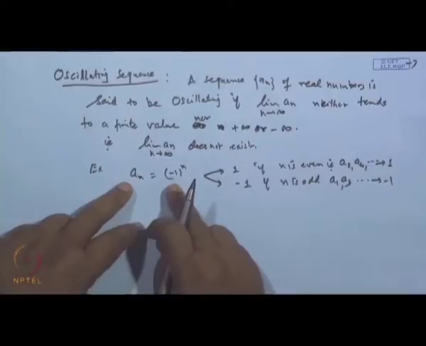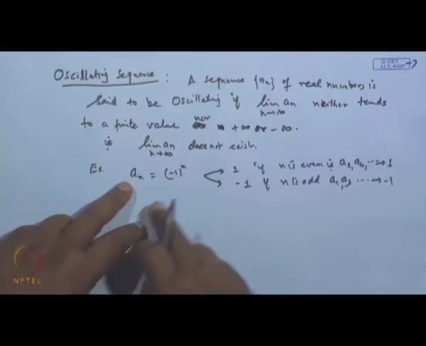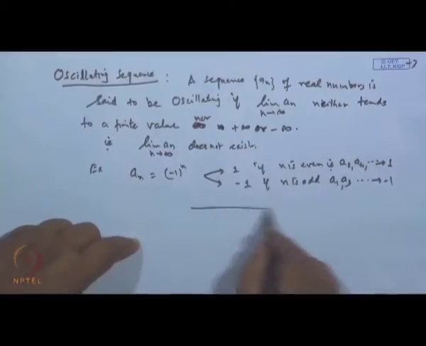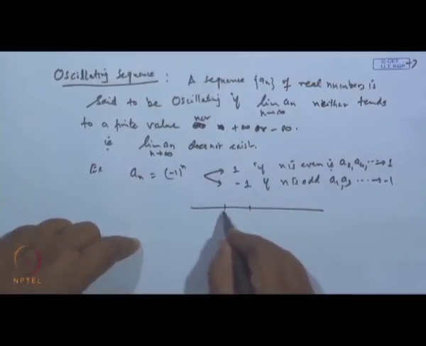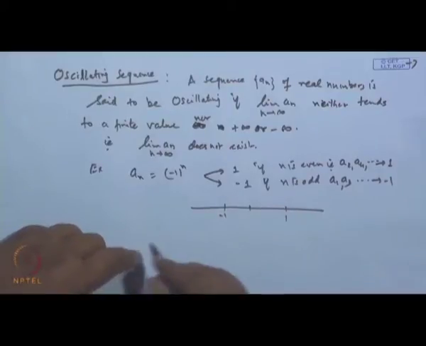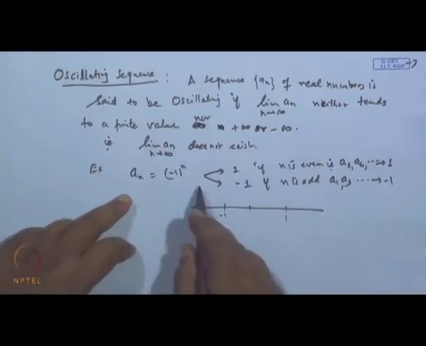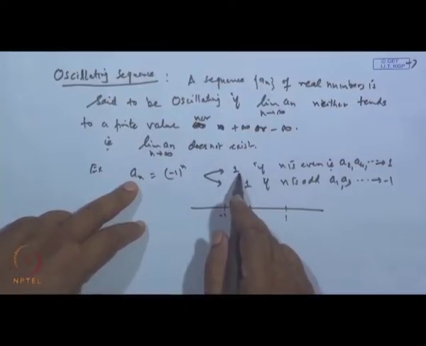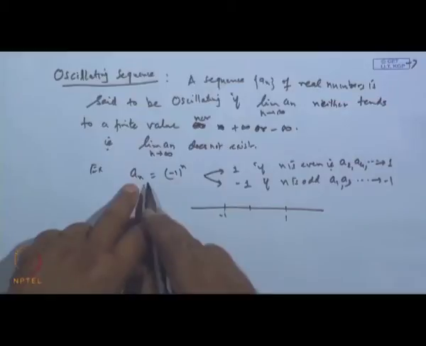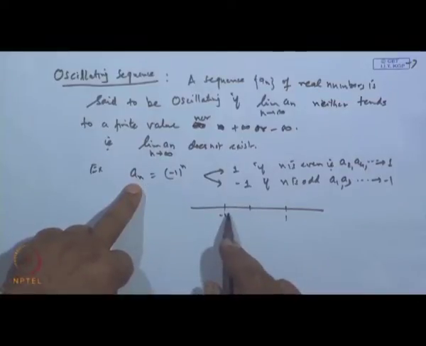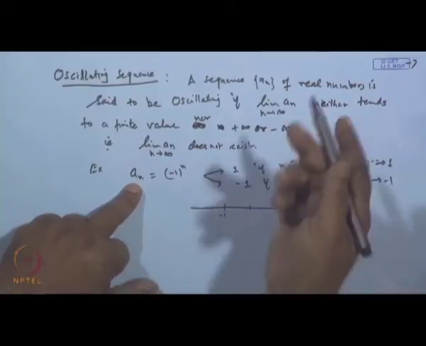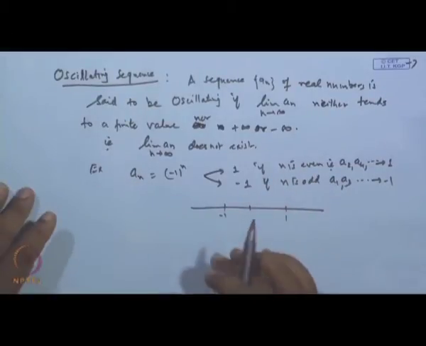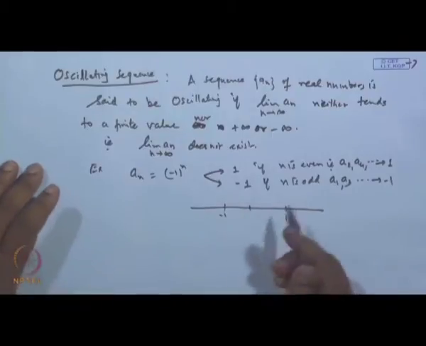So the sequence does not tend to one value, because it fluctuates, here minus 1, here plus 1. Suppose I take 1 as the value, then a_n minus 1 cannot be made less than epsilon, because as soon as n is odd, it becomes very large. So it does not have a finite limit.